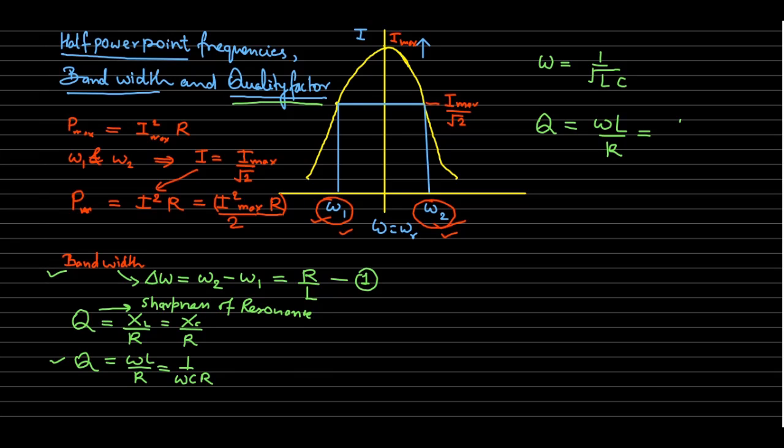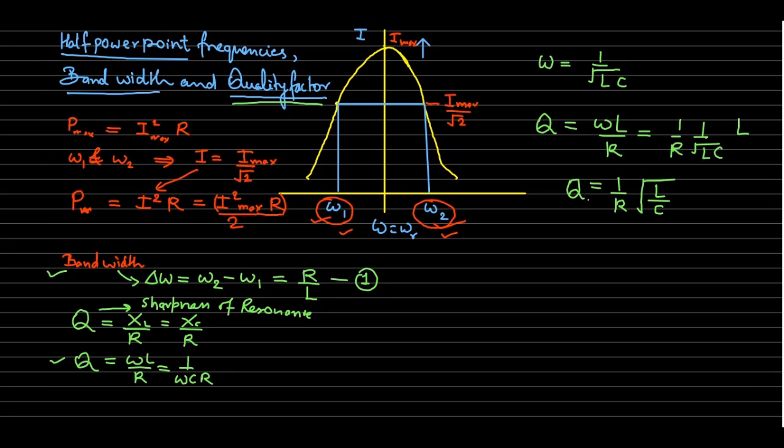It will be 1 upon R, the value of omega is 1 upon under root LC, and into L. So root L will be cancelled. So it will be 1 upon R under root of L by C. This is quality factor.